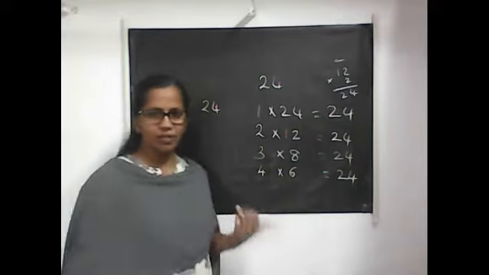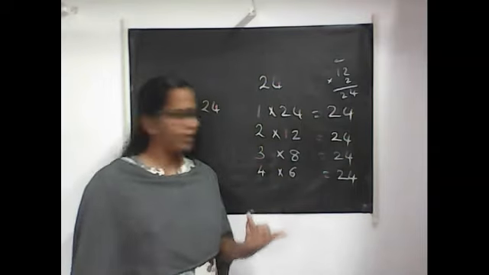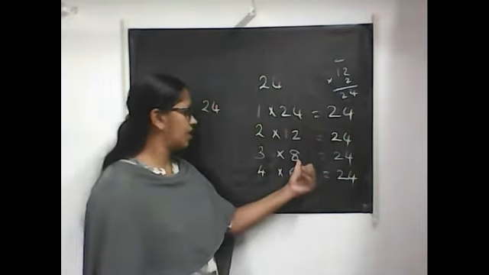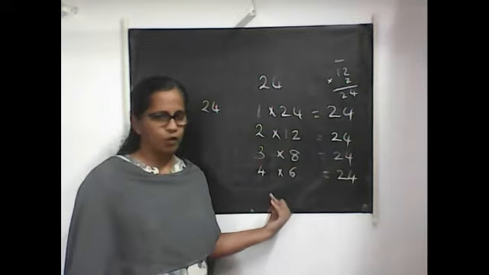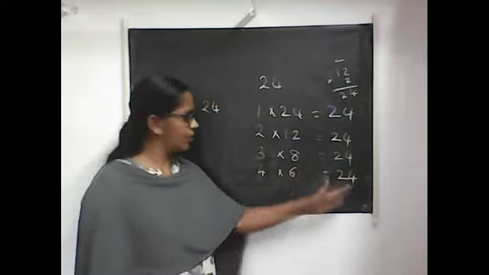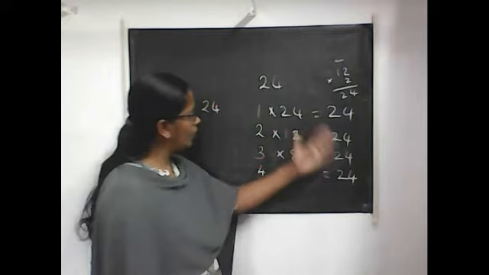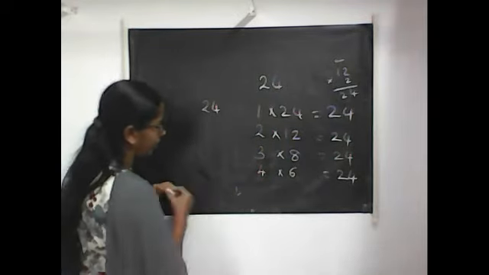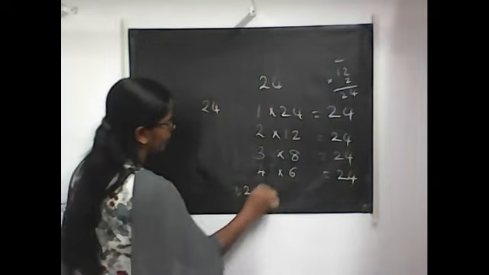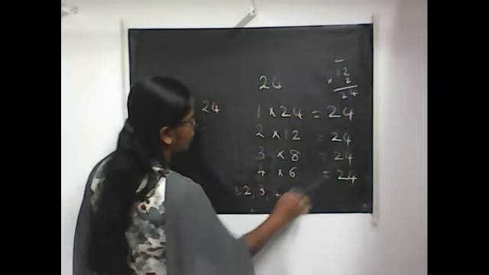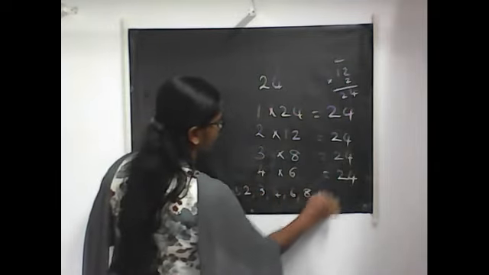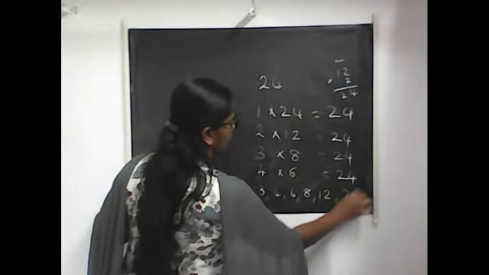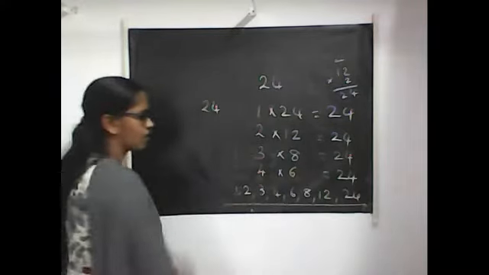In 7's table, there won't be. 8's table, no need of checking, as 8 is already written. In 9's table, there won't be. 10's table won't be there, that is sure for us. So from this combination, the factors of 24 are 1, 2, 3, 4, 6, 8, 12 and 24.